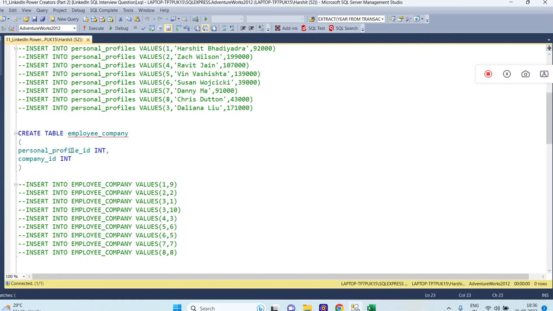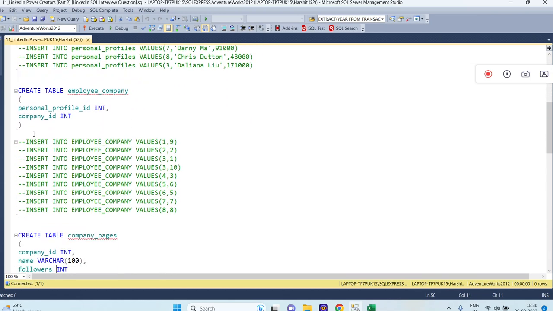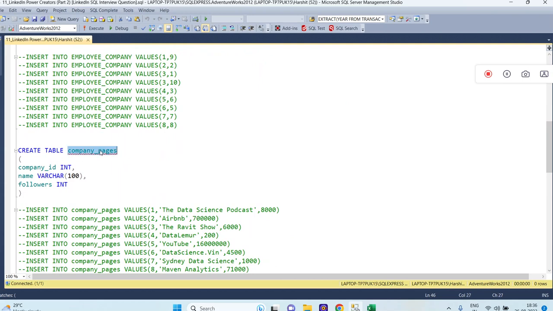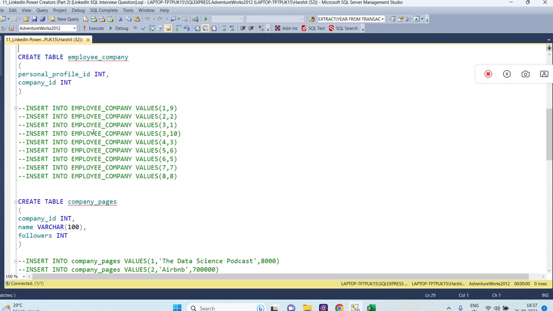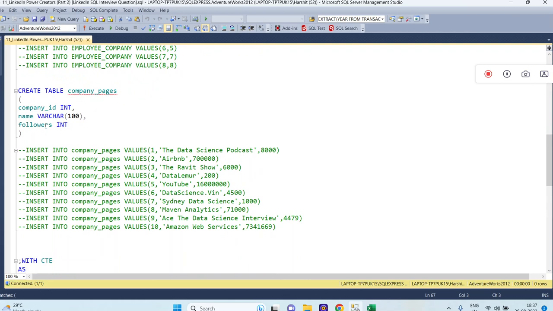Here we can join between personal profile ID and profile ID, right? Now one more table is given, company pages. In company pages we have company ID, name and followers. Company ID is common with employee company. So all three tables have a relationship between them, right?